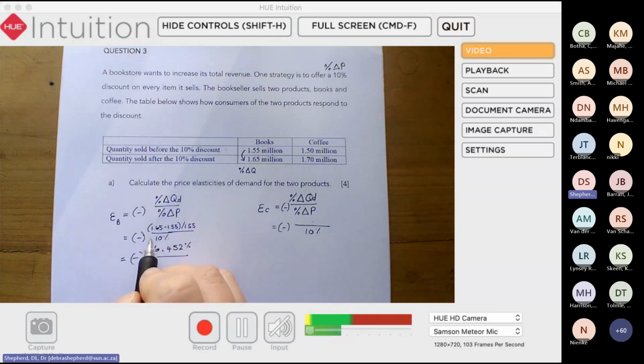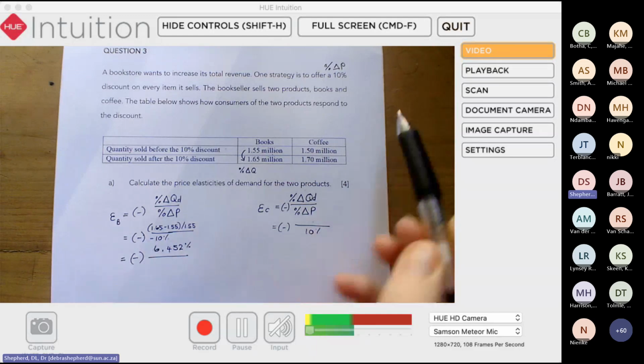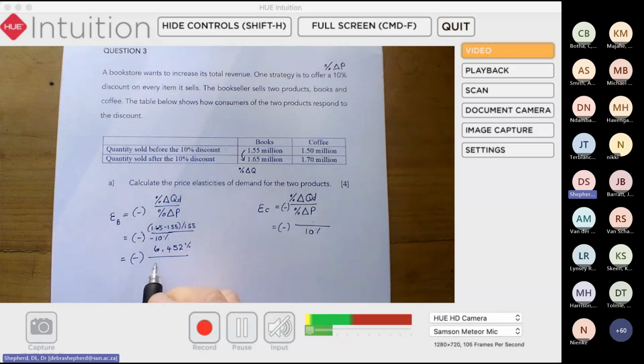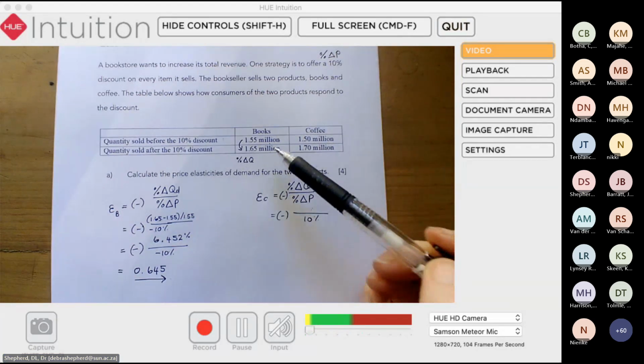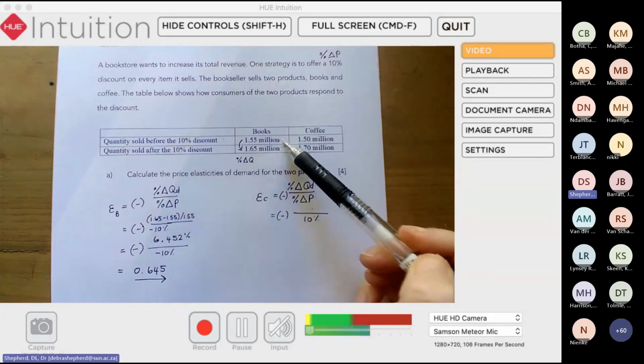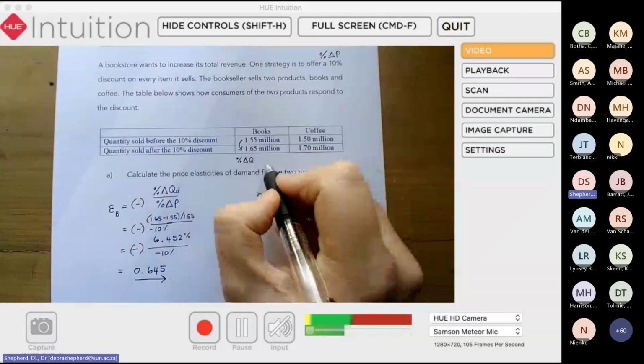And the price decrease, it's a minus 10% because the price is being decreased. And so the elasticity for books is going to be 0.645. So the quantity is going up by 0.1 million.